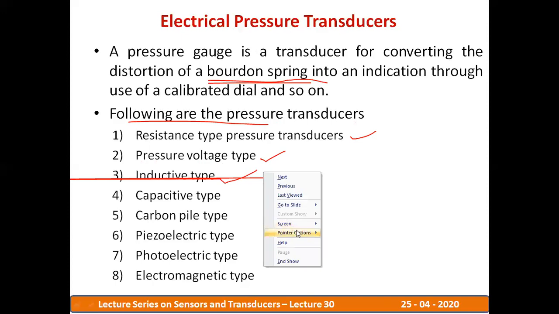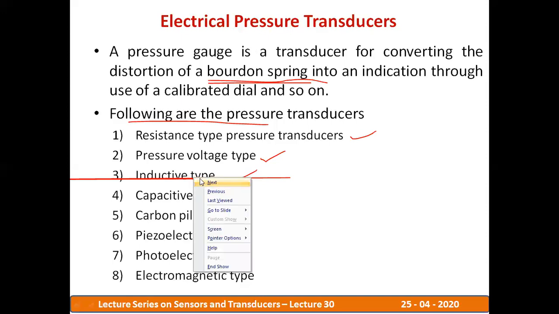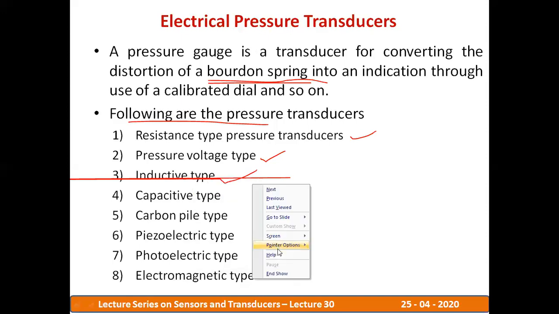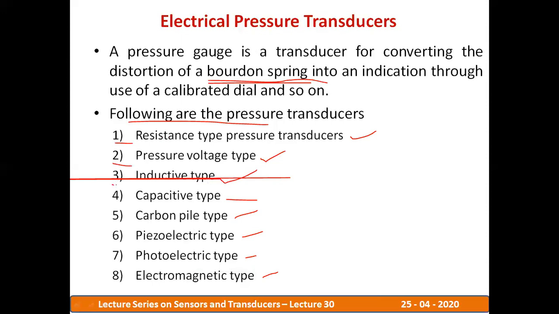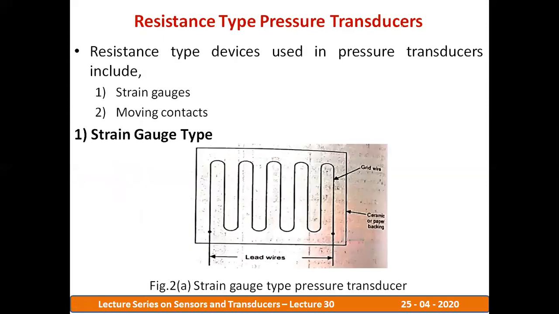We also have capacitive type, carbon pile type, piezoelectric type, photoelectric type, and electromagnetic type. In this lecture we will be dealing with resistance type, pressure voltage type, and inductive type pressure transducers.